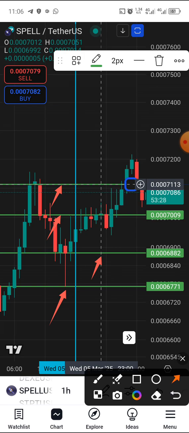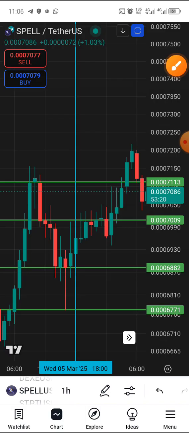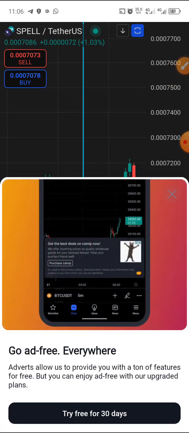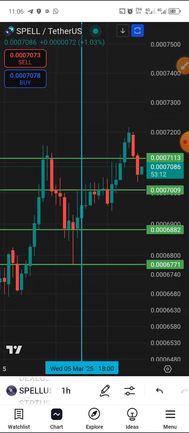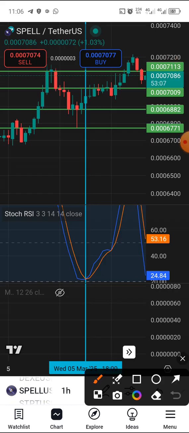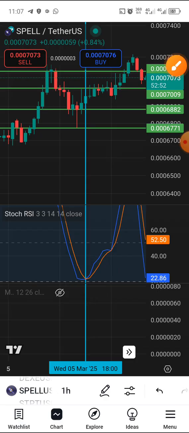Now let's assume that you've seen this trade at the exact time when the cross has just happened on our Stochastic RSI here. So the moment you see that the current price, or let me try to put it into simple terms.